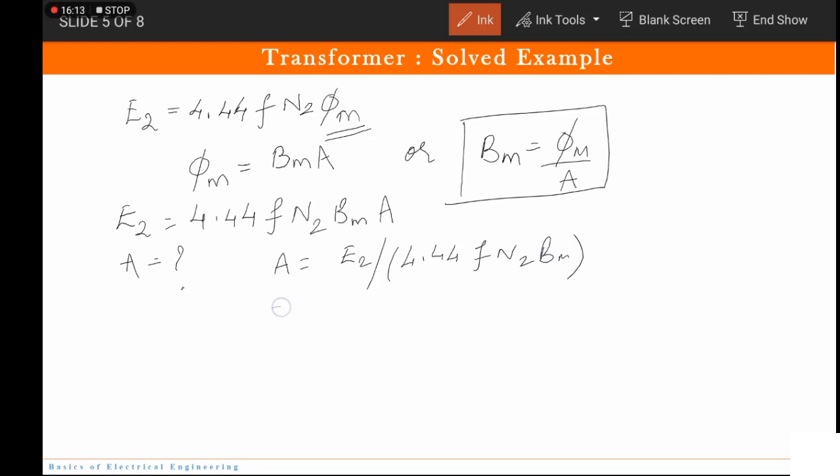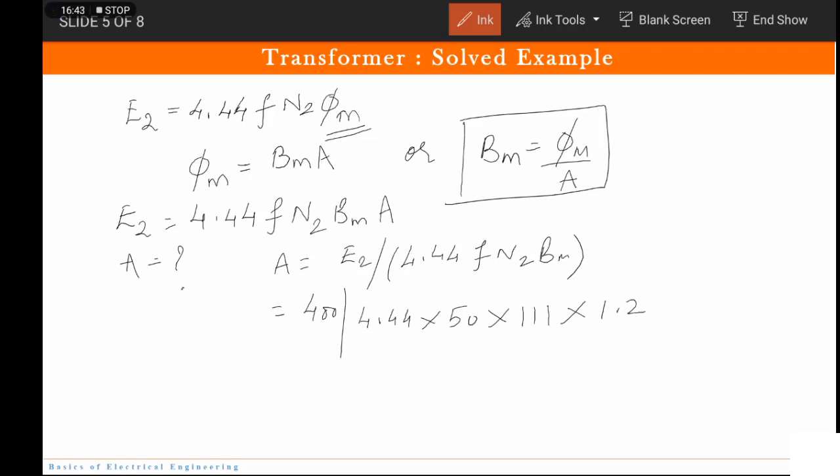So what is E2? 400 divided by 4.44 multiplied by frequency 50 multiplied by the number of turns in the secondary 111 multiplied by the maximum flux density, which is 1.2 Tesla. Now this is an SI unit, so we will directly use 1.2 as it is.